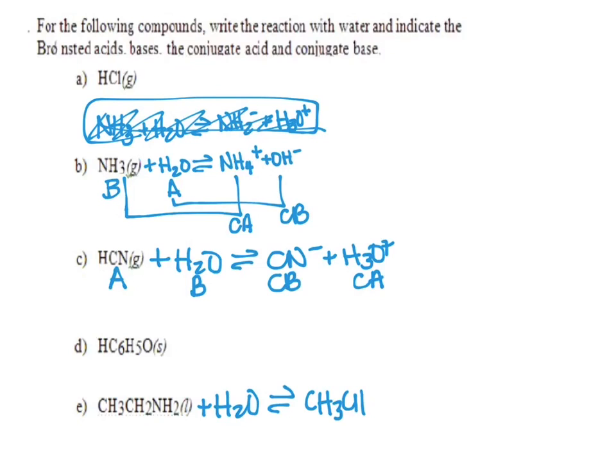CH3CH2NH3 plus an OH minus. You have your base, acid, conjugate acid, and your conjugate base.